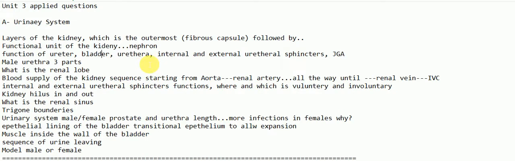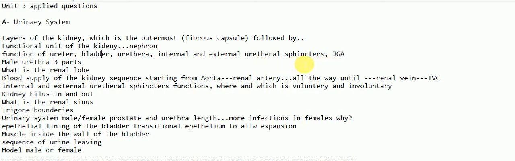Urethra: the function of the urethra is to take the urine to the outside during urination, but in males it serves another function of taking the semen outside. Now the internal and external urethral sphincters, we will talk about those.